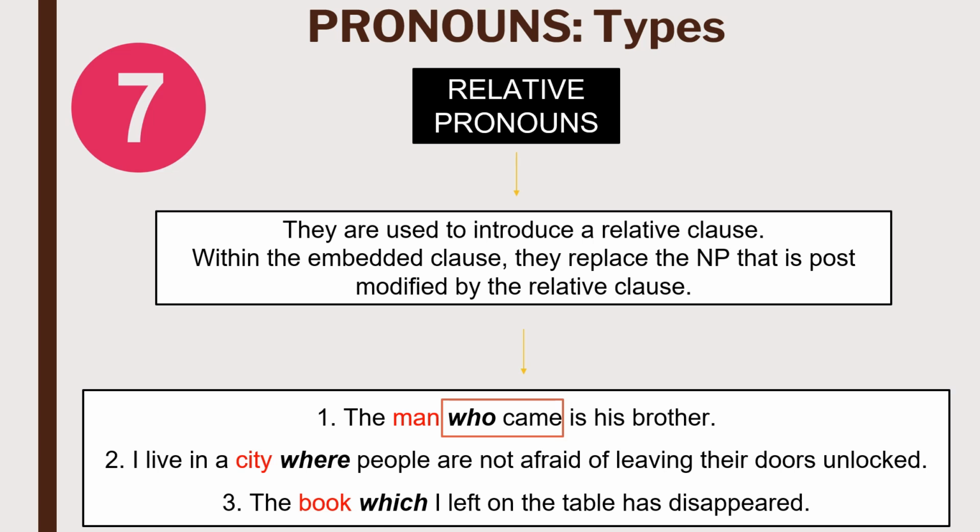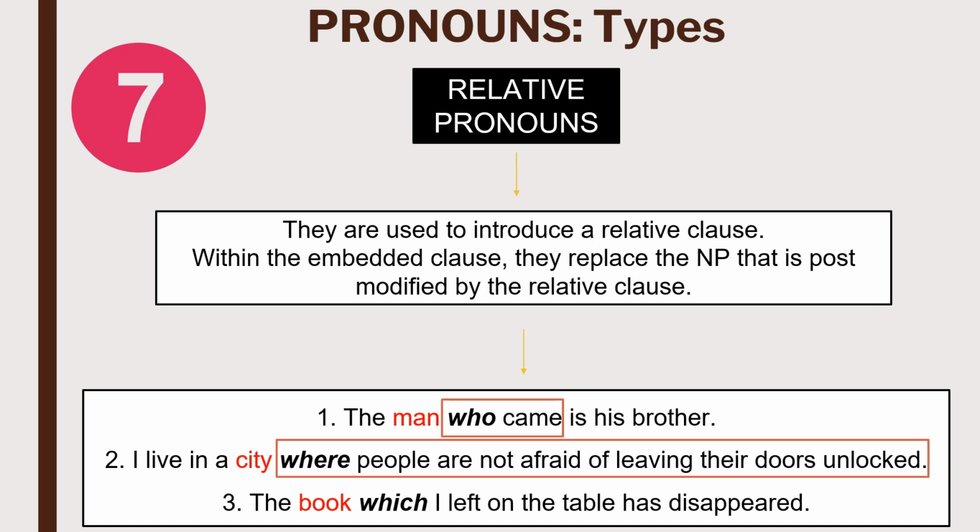In 2, I live in a city where people are not afraid of leaving their doors unlocked. The relative clause is where people are not afraid of leaving their doors unlocked. And finally, in 3, the book which I left on the table has disappeared. The relative clause here is which I left on the table.